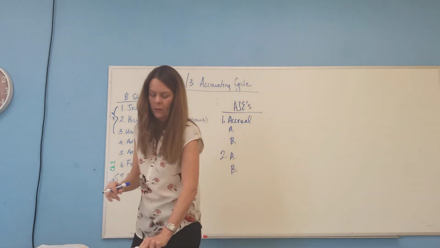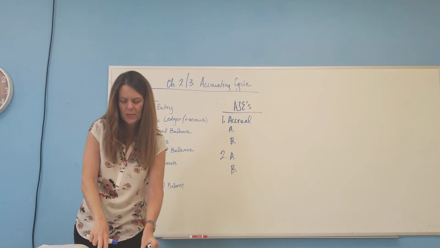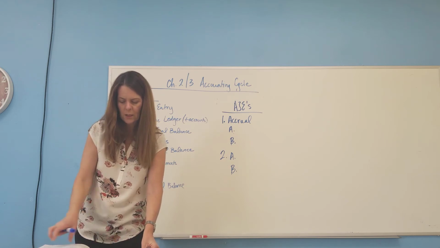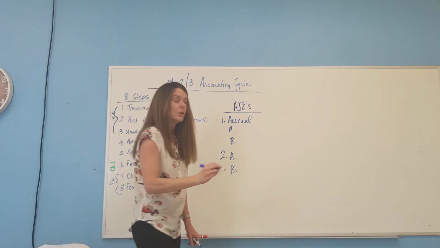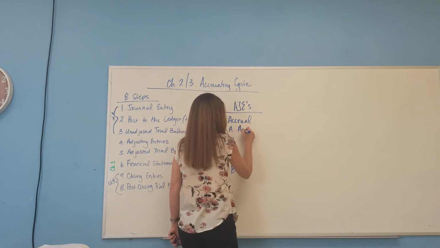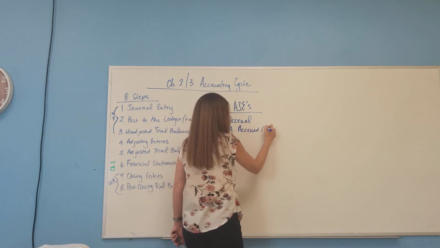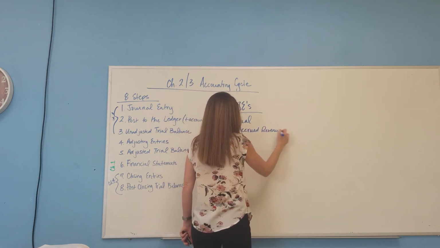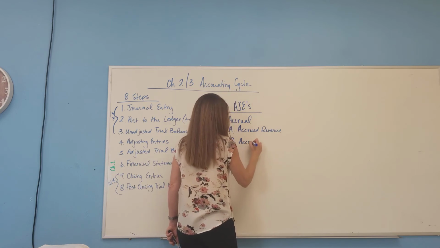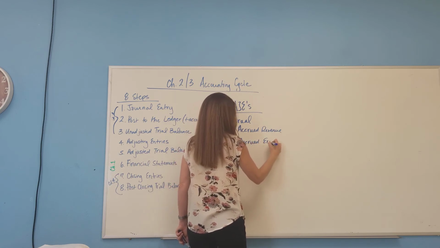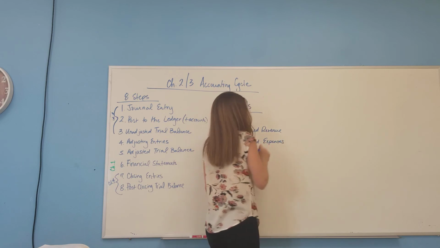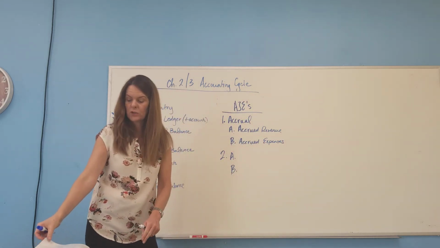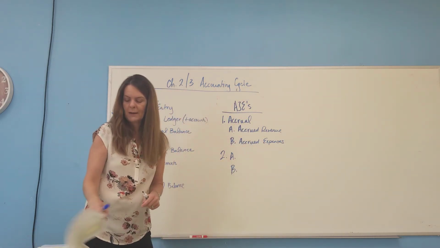If you want to follow along the book in chapter 3, it's under Learning Objective 2 or page 114. The 2 different accruals are accrued revenues and accrued expenses. And that's Learning Objective 2, and they give you some examples there. I'll do some more in my next video.